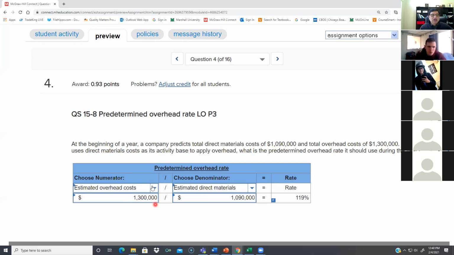So your 1,300,000 divided by your estimated or budgeted level of activity at 1,900,000. In this case, since both the numbers are in dollars, your overhead rate is in percentage. So 119%.